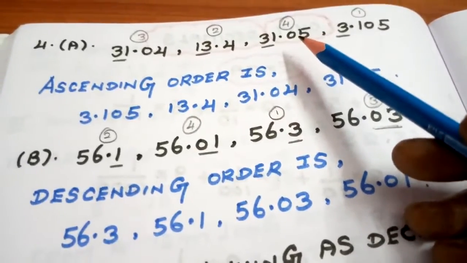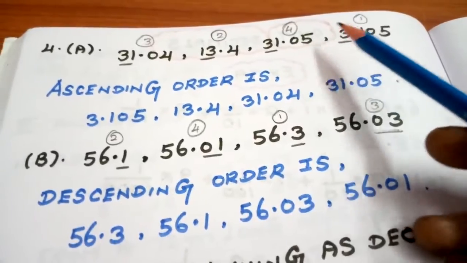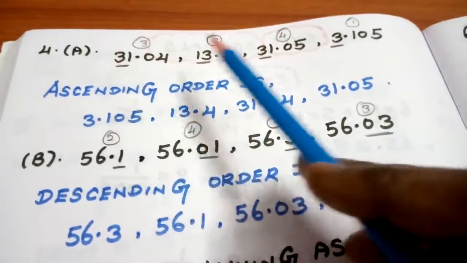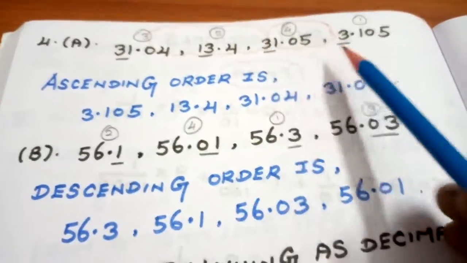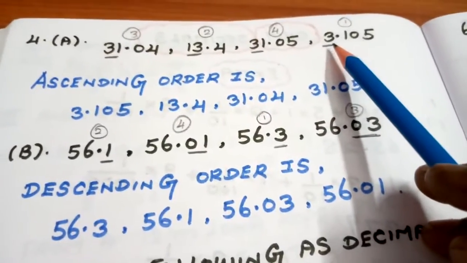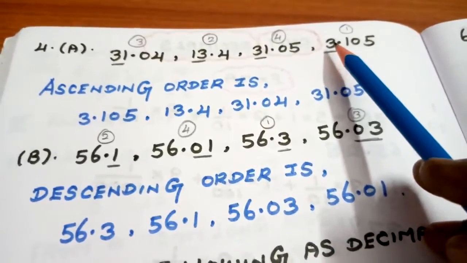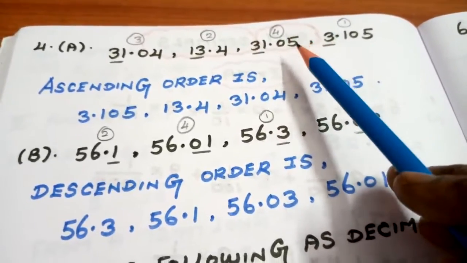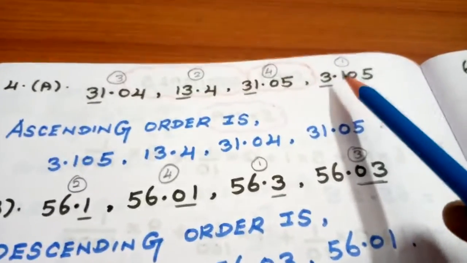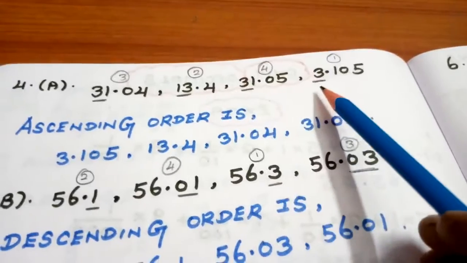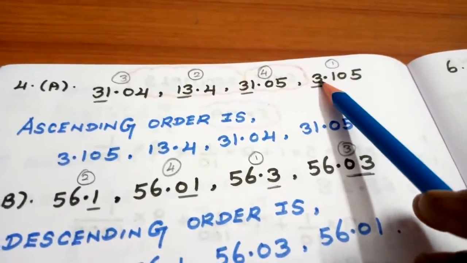Before decimal point, you are going to check the numbers. So be careful. Before decimal point, you are going to check the numbers. 31, 13, 31, 3. So there is a variation. You are having 3 types of number, 3, 13 and 31. Small to big. So just for your understanding, I am underlining the numbers. 3 point.